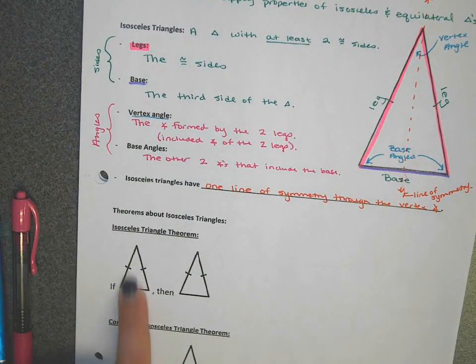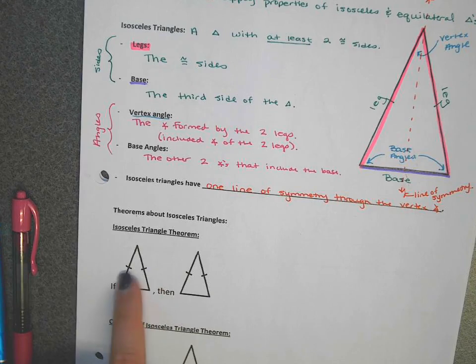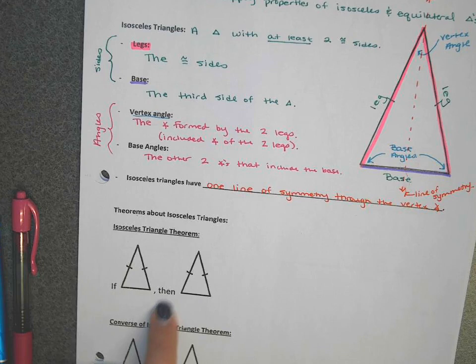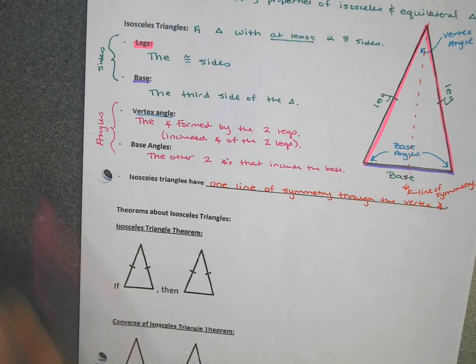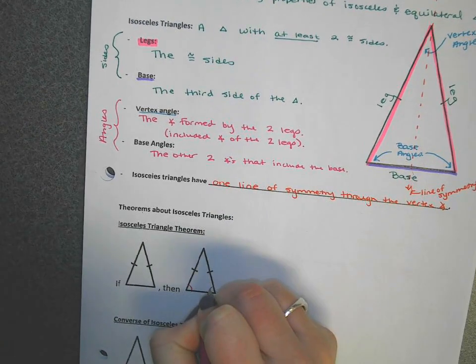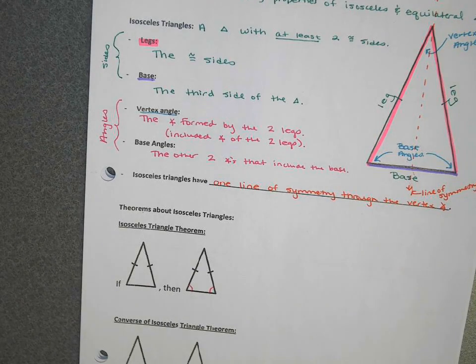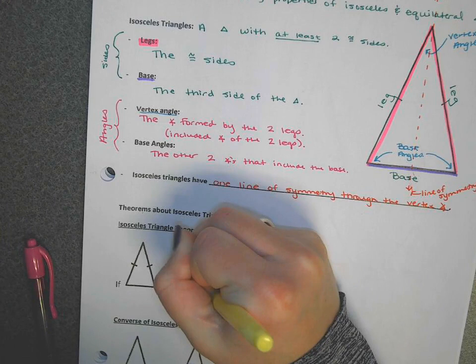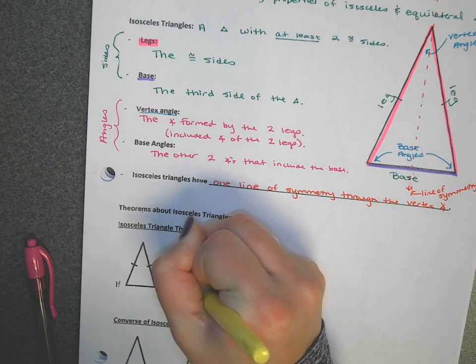And if you have two sides that are marked congruent, we know that this would be an isosceles triangle. So we could then mark that the angles are also congruent, those base angles. So if you have the legs that are marked congruent, the way that I look for this is the base angles are across from those legs.